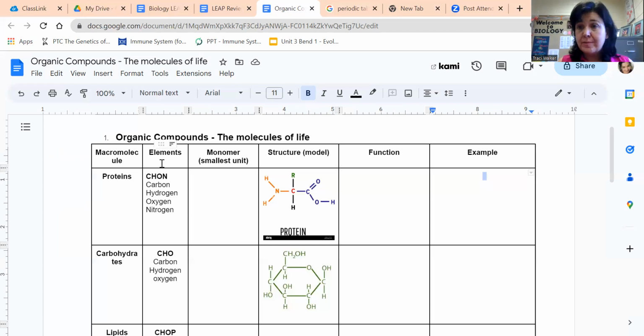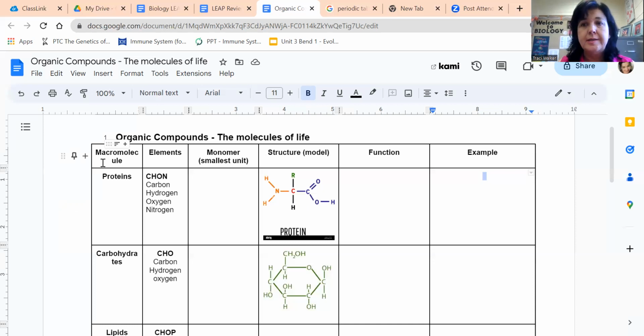Then different elements connected together in chemical bonds are called molecules or compounds. Molecules, compounds, same word. And a group of molecules all connected together are called macromolecules. So that's what we're going to be talking about.